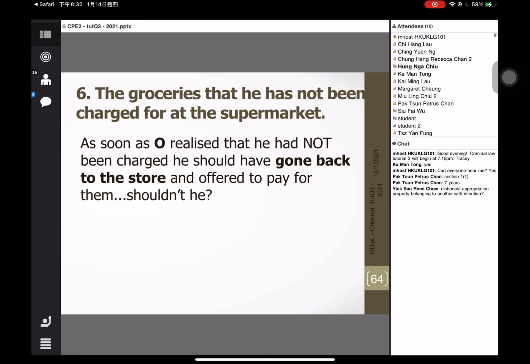So, okay, there might be a later appropriation, but what about the other elements of dishonesty, intention to permanently deprive the owner of the property? When Oliver realizes, shouldn't he have gone back to the store to offer to pay?